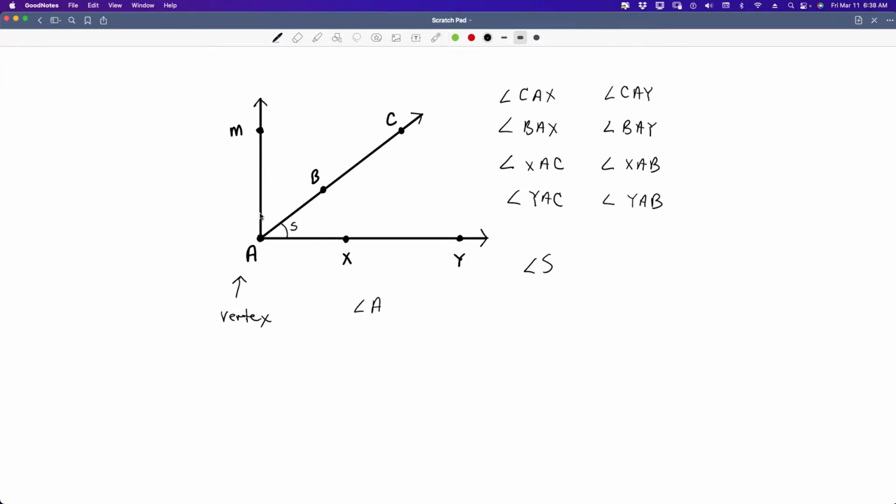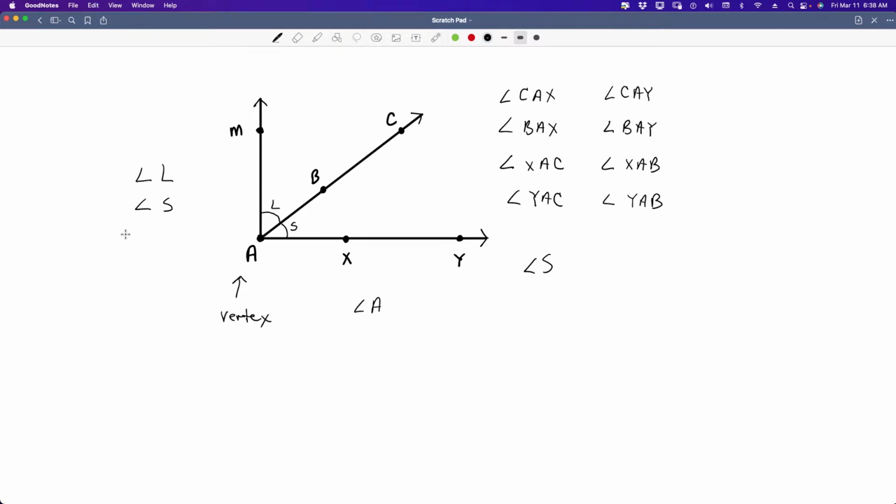So we could mark this with an arc here, and we can name this L. So we could have angle L and angle S, and we know exactly which ones we're talking about.